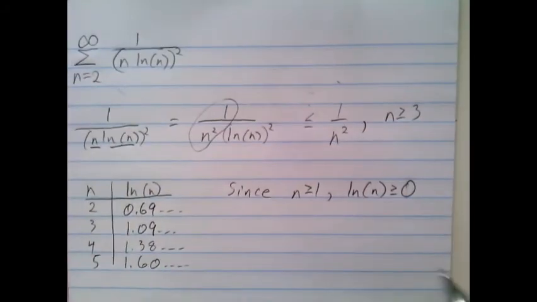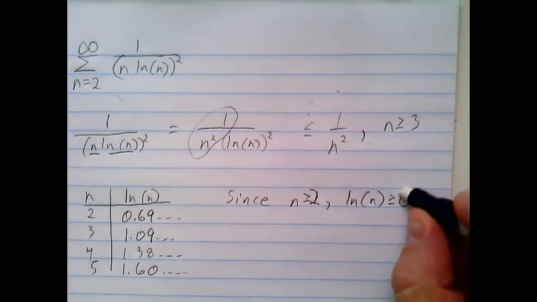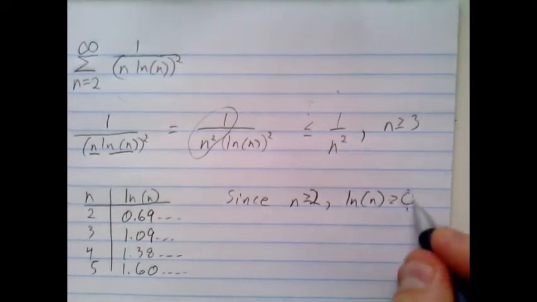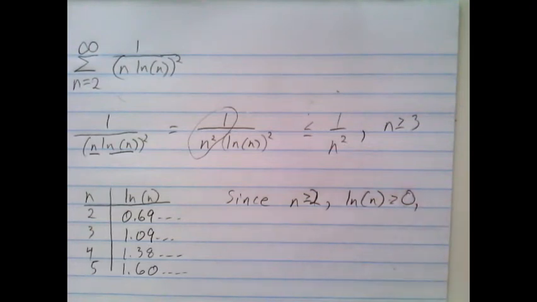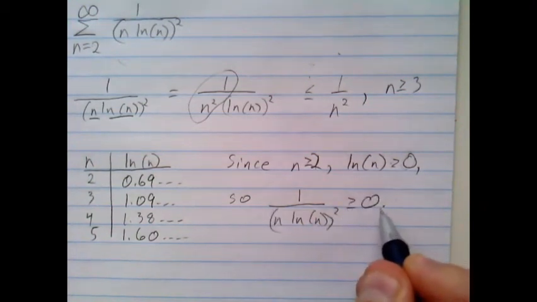And in fact, n was greater than or equal to 2, so we can say natural log of n is strictly greater than 0. The reason I have to be careful about that is because natural log can have a negative value without having a negative in front of it. But that's not going to happen to us here. So 1 over n times natural log of n all squared has got to be greater than or equal to 0.